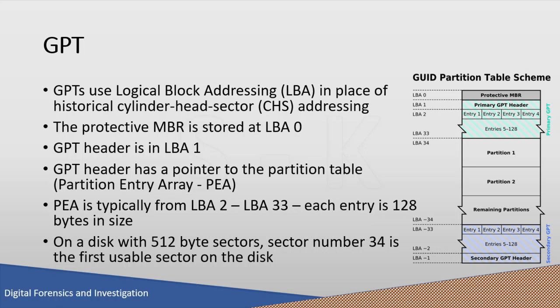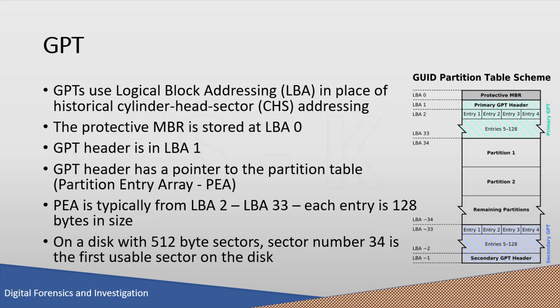Like the traditional MBR, GPT also uses logical block addresses, known as LBA, instead of the early cylinder head sector addresses. The traditional MBR information is stored at LBA 0, while the GPT header is stored at LBA 1. The partition table is stored next.